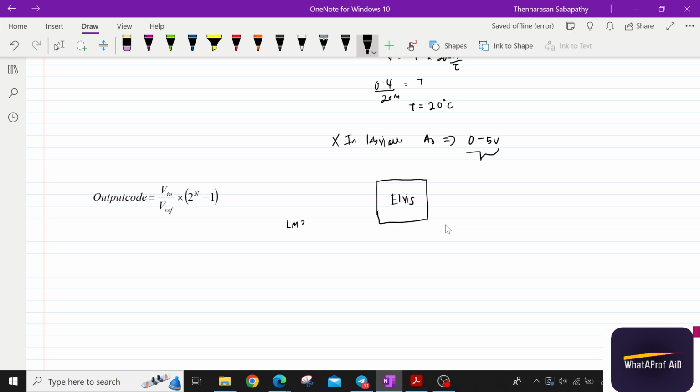So now you want to display this value. If you directly display this in LabVIEW, you will display the value from 0 to 5 only, correct or not?